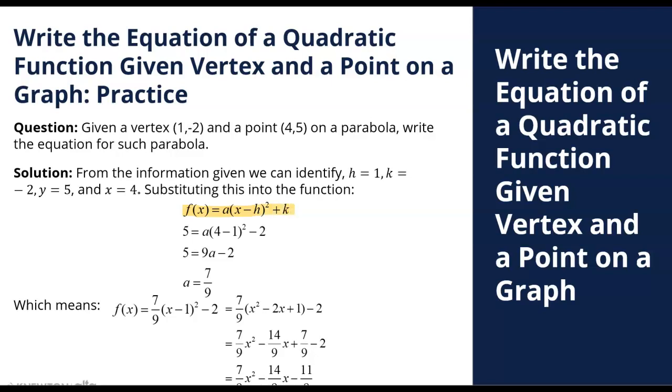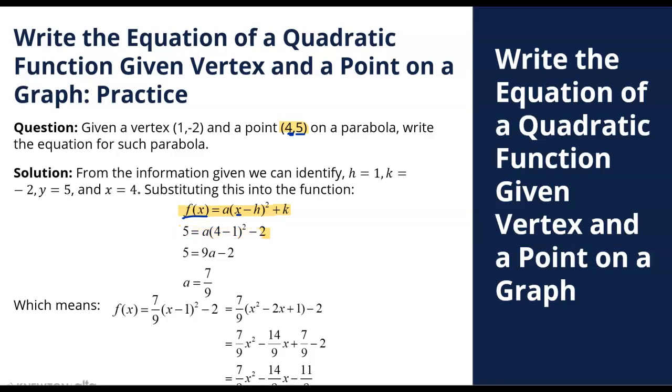So you plug in your h and k values, and the point (4, 5) on the parabola, into the function f(x) = a(x − h)² + k. With x equal to 4, we replace x by 4, and f(x) is replaced by 5. Then we solve this equation by simplifying first the expression inside the parentheses.